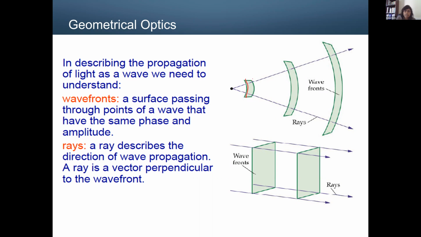Those are what we call wave fronts, right? So these are the rays, and a ray is always perpendicular to these wave fronts. These come from Huygens' principle and those things that we are not going to discuss, but that's how we usually define rays as light in geometrical optics.